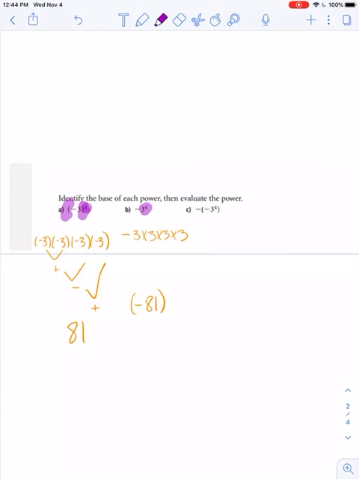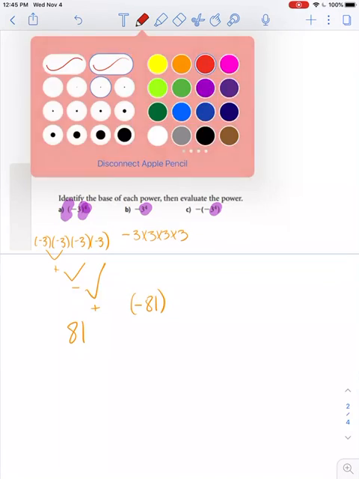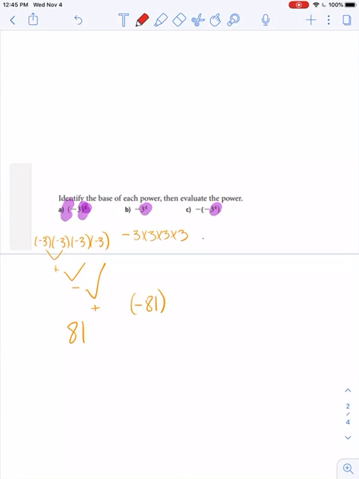Last example. I have a negative, a bracket, negative 3, exponent 4, close the bracket. So my exponent is in my bracket, and it's only touching my 3. So 3 would be my base. So when I write this, I would have to write negative, my bracket, negative 3 times 3 times 3 times 3.